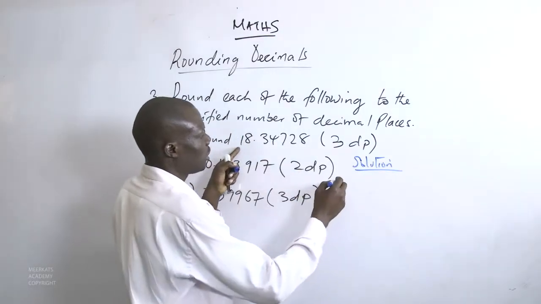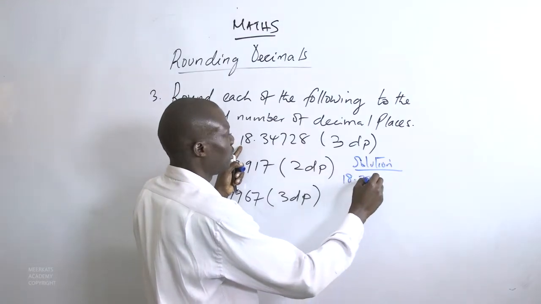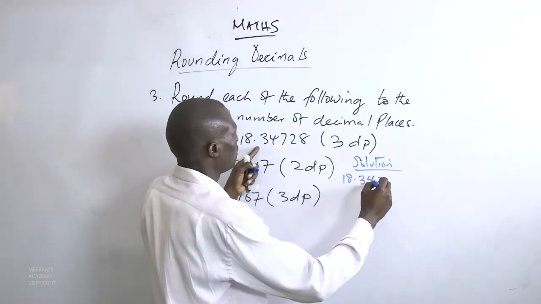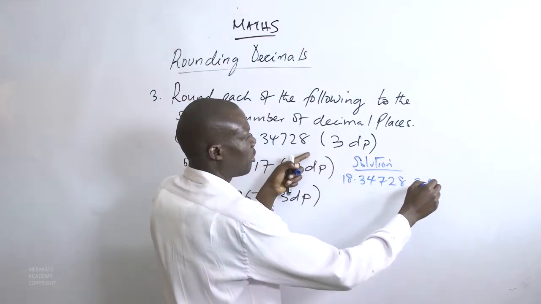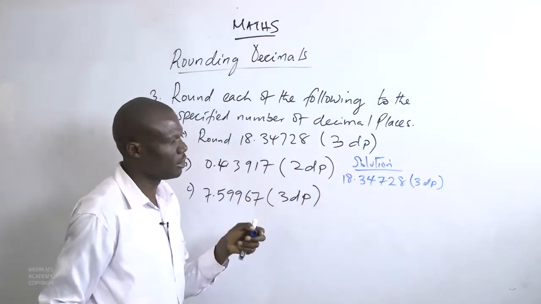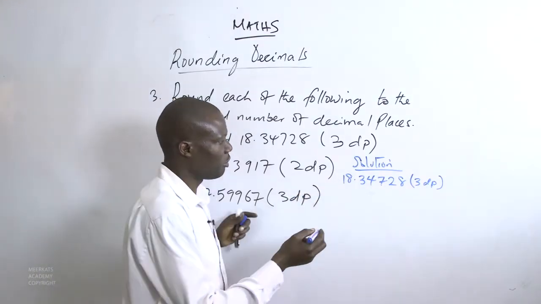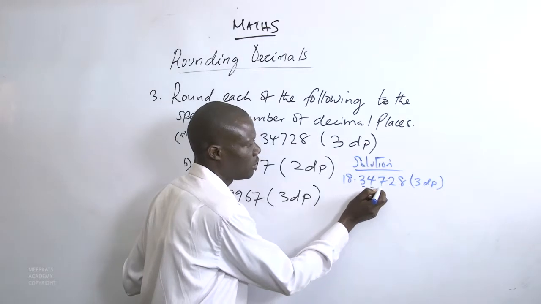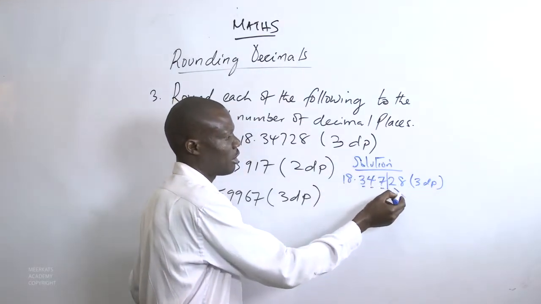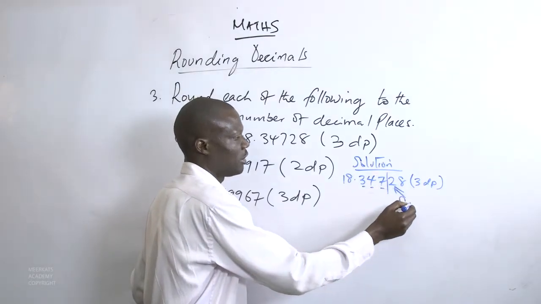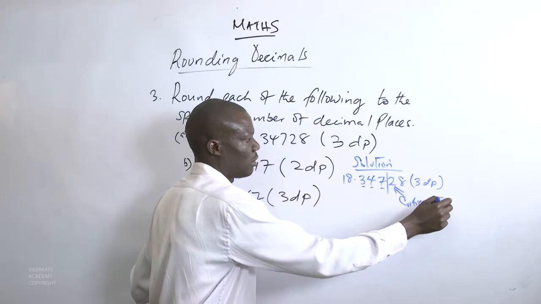We are going to consider 18.34728. We require 3 decimal places. So from here, we shall count our number of decimal places, 1, 2, 3, then bring in our line, and then we look at our critical digit.